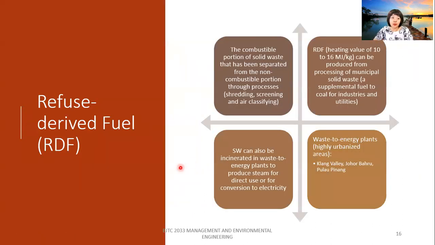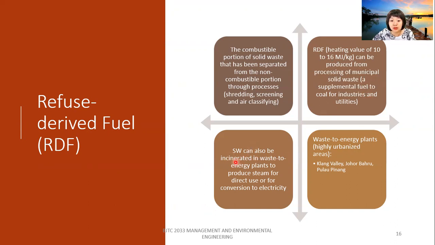So what is RDF? Refuse-derived fuel is what we convert from rubbish into electricity or into a fuel. The combustible fractions of the solid waste have been separated from the non-combustible portions. RDF can be produced from the processing of municipal solid waste.